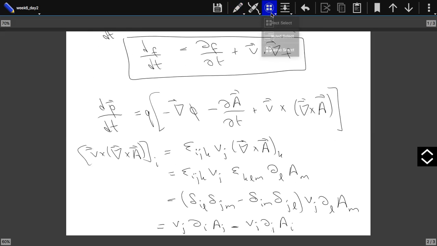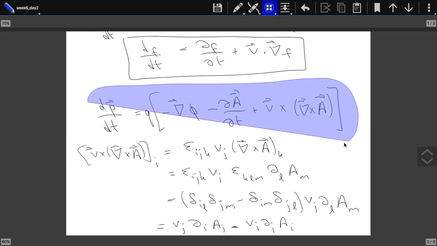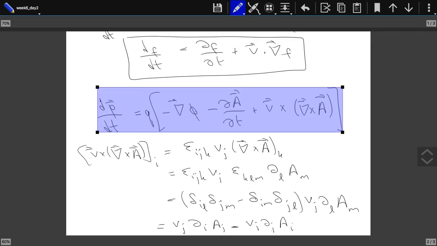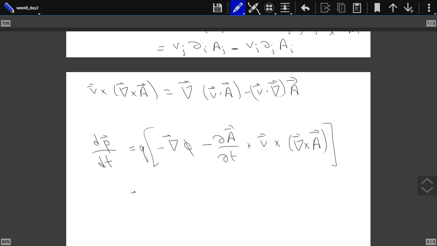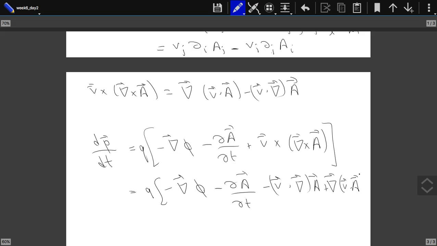Well, let's go back. This was our result, the force, which is the rate of change of momentum. This is equal to Q times minus the gradient of phi minus del A by del t minus V dot the gradient of A plus the gradient of V dot A. Well, look at this combination over here.